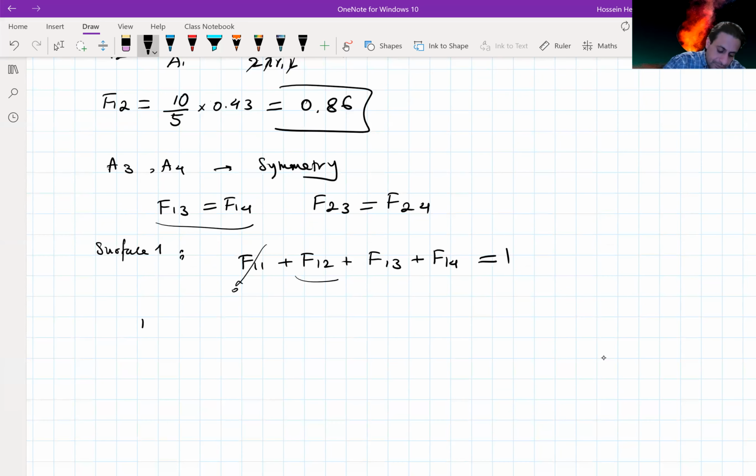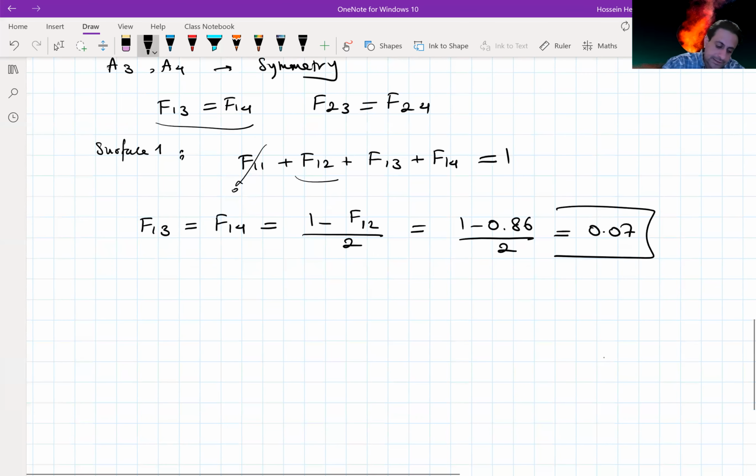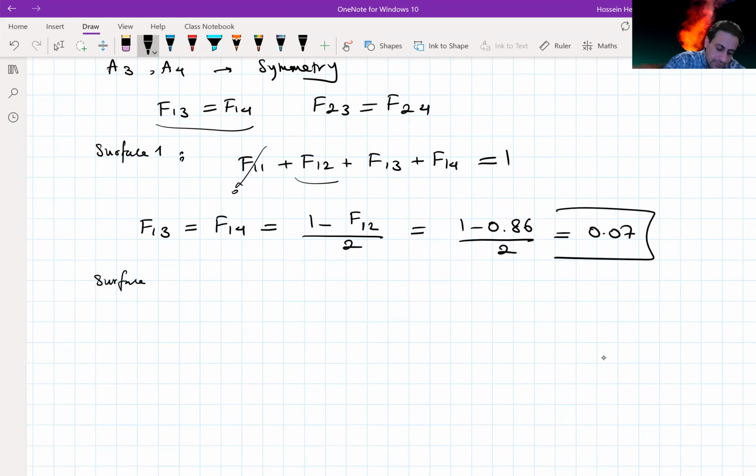So from here, F13 is equal to F14, which is 1 minus F12 divided by 2. 1 minus 0.86 divided by 2 is 0.07. So this is F13 and F14. The same thing, if I write the summation rule for surface 2, then we have F21 plus F22 plus F23 plus F24 equal to 1.